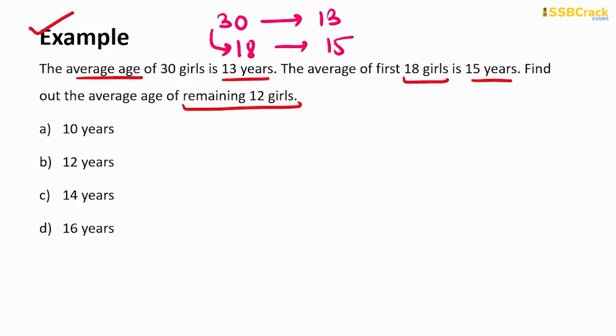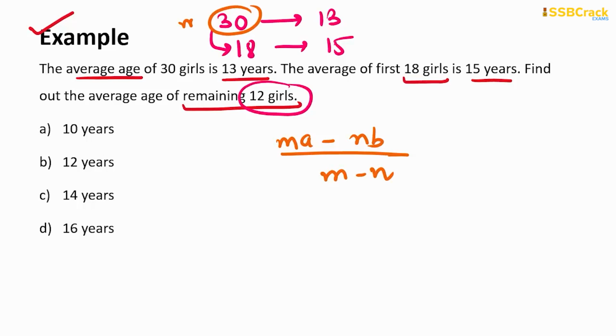And here we are required to find the average age of the remaining 12 girls, right? So here we will use the second formula, that is MA minus NB divided by M minus N. So here our M is 30, our N is 18, our A is 13 and our B is 15.